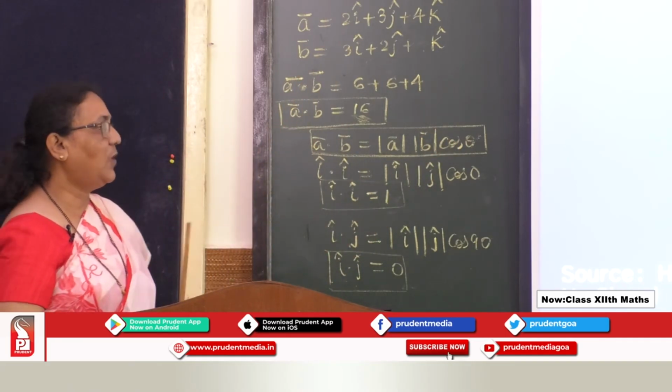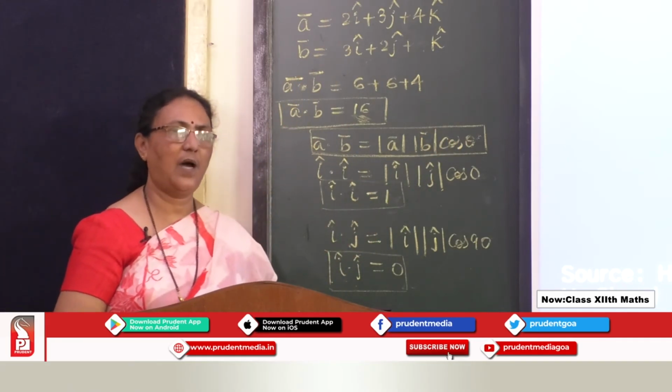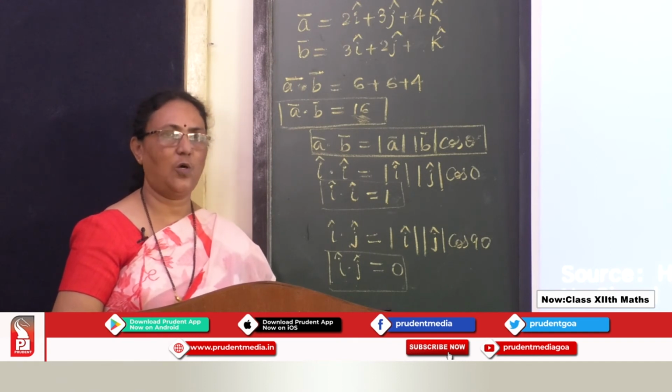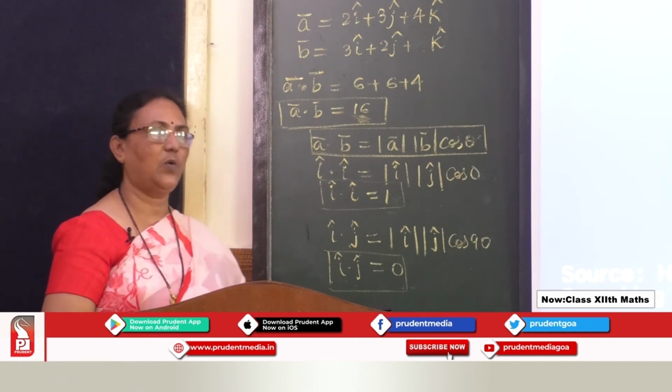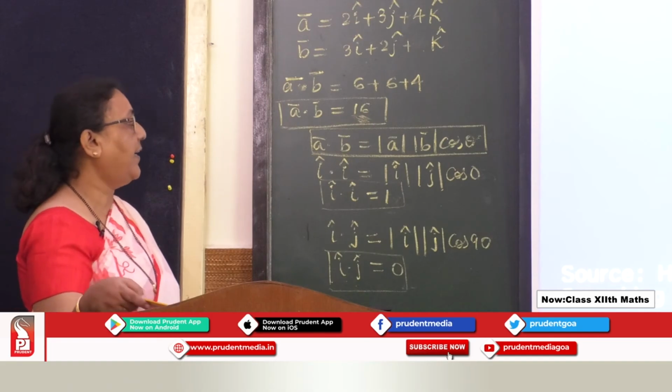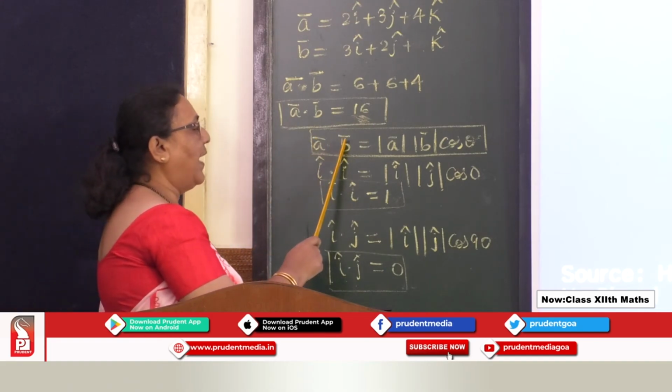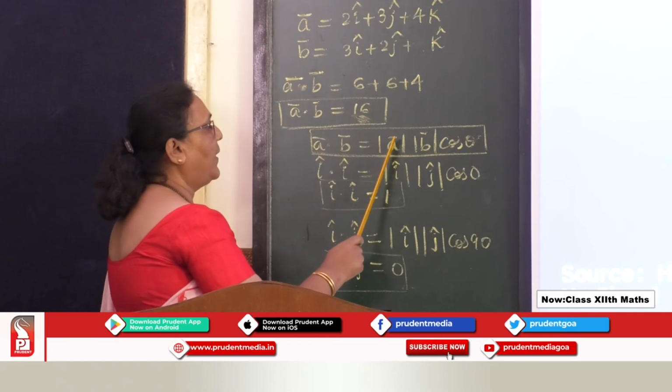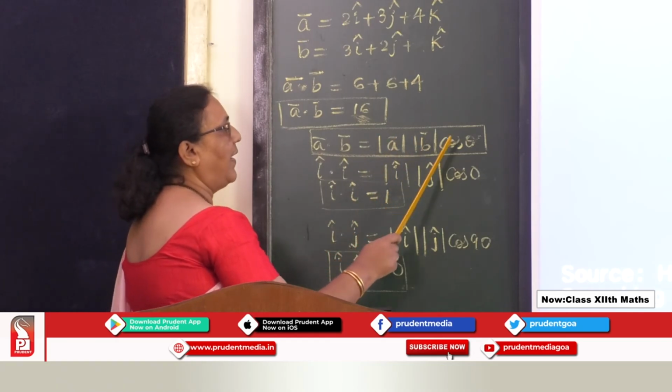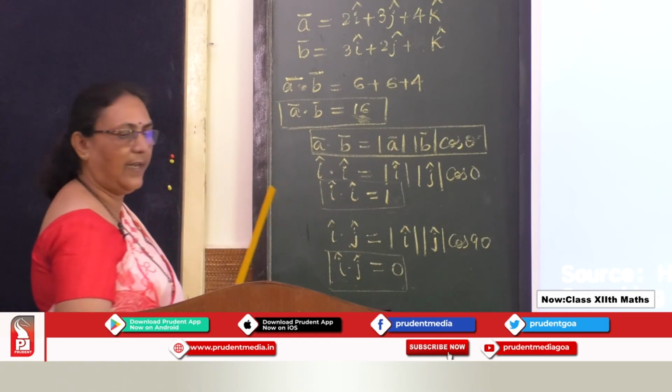Now we know that i and j are two unit vectors along the x and y axes respectively. Then i dot i is the magnitude of i, times the magnitude of i, times cos of the angle between i and i.